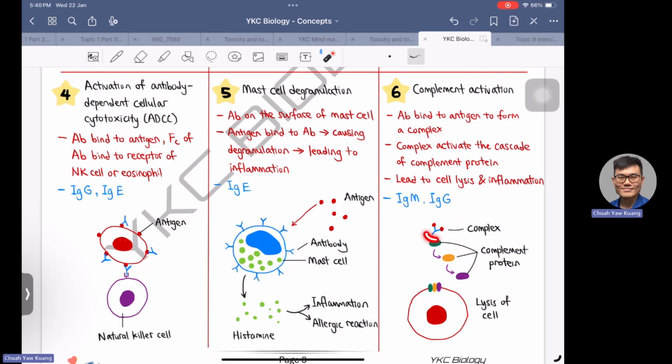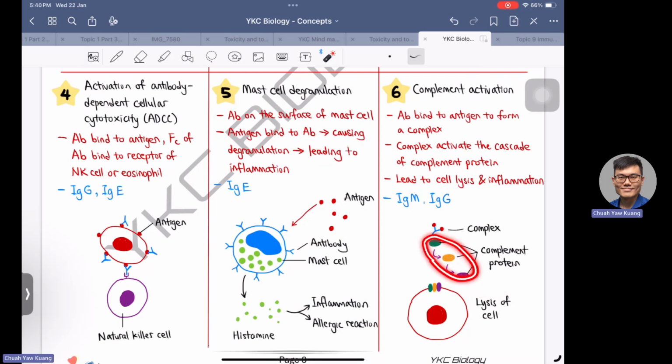This antigen-antibody complex can act to activate the first complement protein. The activation of the first complement protein will activate the second complement protein and then the third complement protein and so on. So this will cause the activation of the cascade of complement proteins.